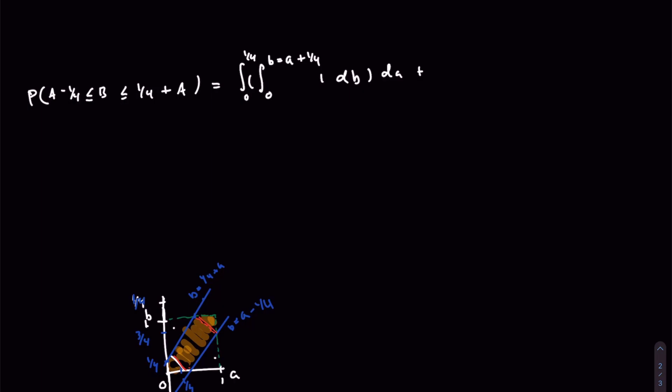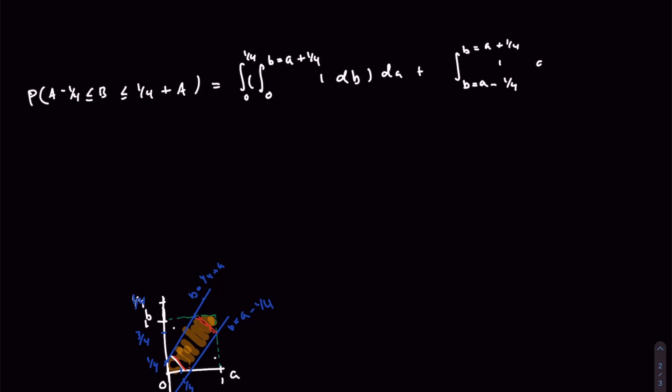Now we're taking this part, which goes all the way. It starts with this equation and hits that equation here. So its inner limits are b equal to a minus 1/4. The upper is a plus 1/4.